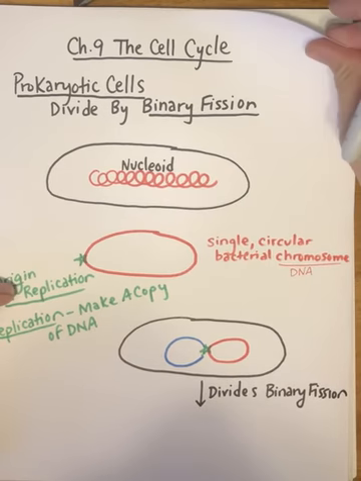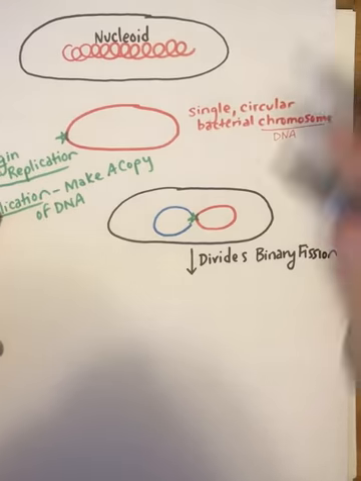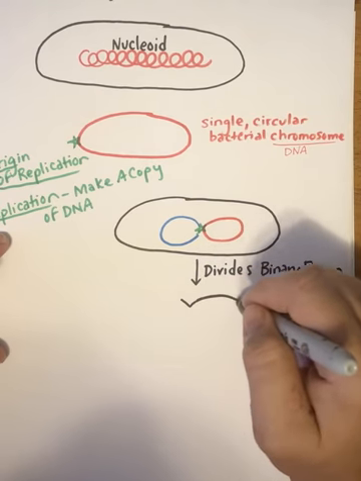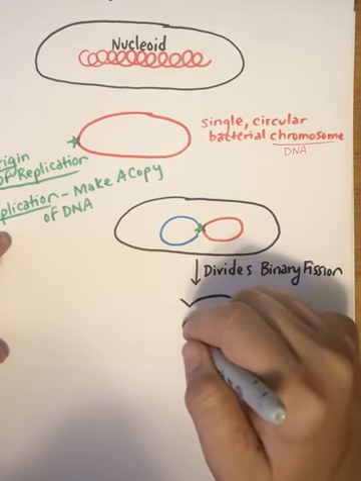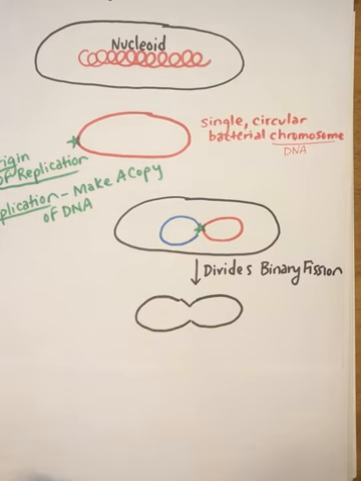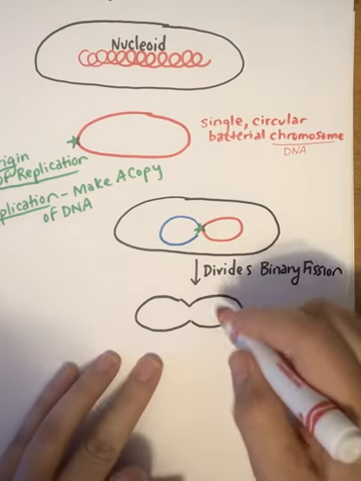So, let me pull this paper up a little bit. In binary fission, it starts to pinch in half. It's trying to divide. So the DNA has to let itself go, and it's going to have to separate.